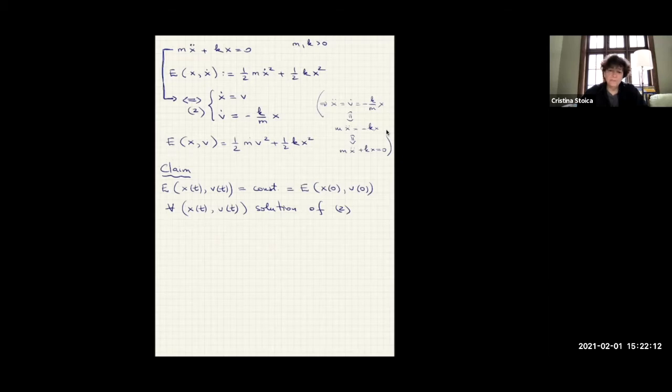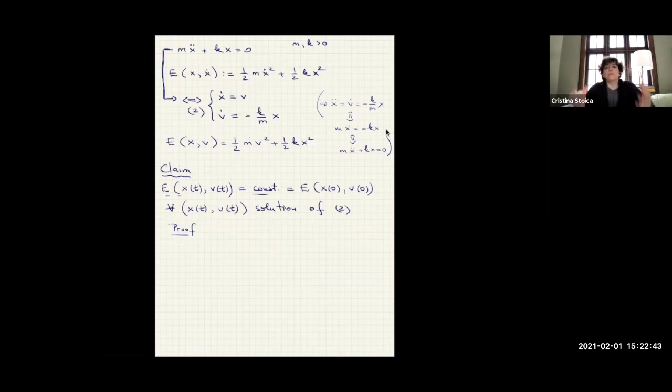So let's see the proof. And now you're going to see why we had to do the chain rule. Welcome to the conservation of energy. That's what we're doing now. That's how it's called, conservation of energy. If this E of t is constant, this is equivalent to saying that its derivative in time is 0.